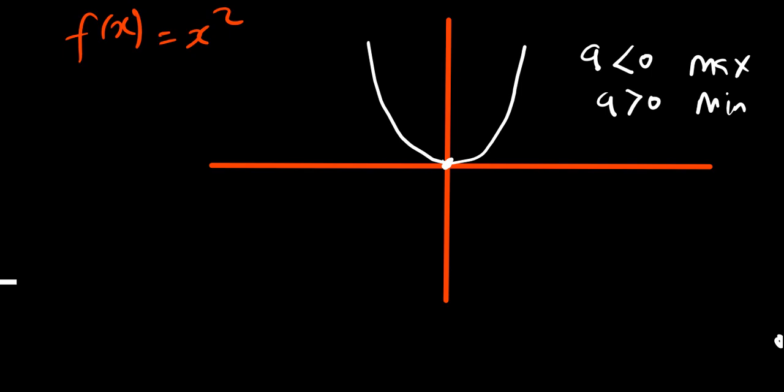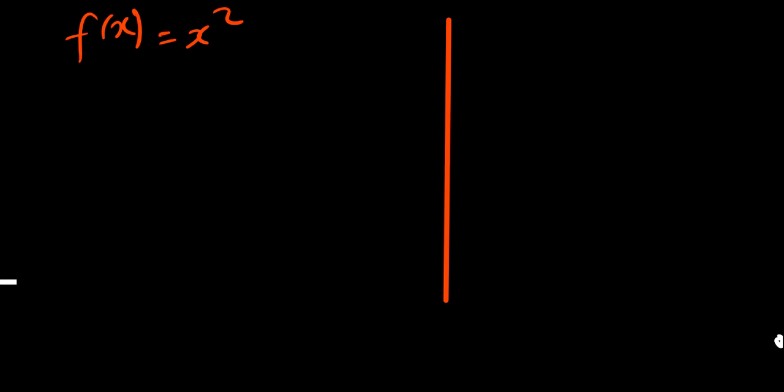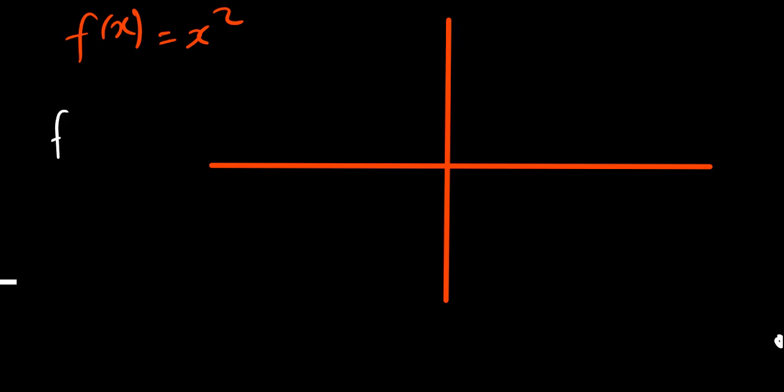Then other things that you need to understand. Let's say they're asking you to find the graph of f of x equals, let's say, negative x squared.